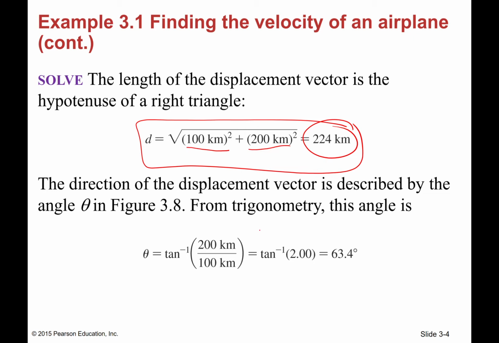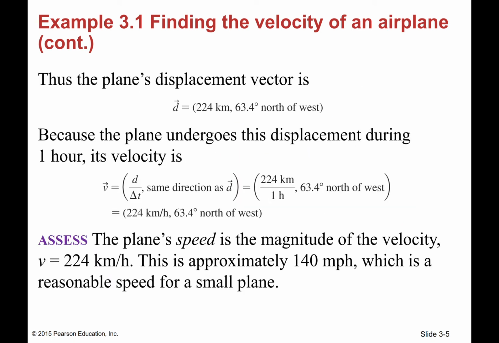So we take the inverse tangent of 200 divided by 100, and that gives you 63.4 degrees. So now we have the magnitude and the direction, and we can write the vector as 224 kilometers and 63.4 degrees north of west. That is the direction and the magnitude.